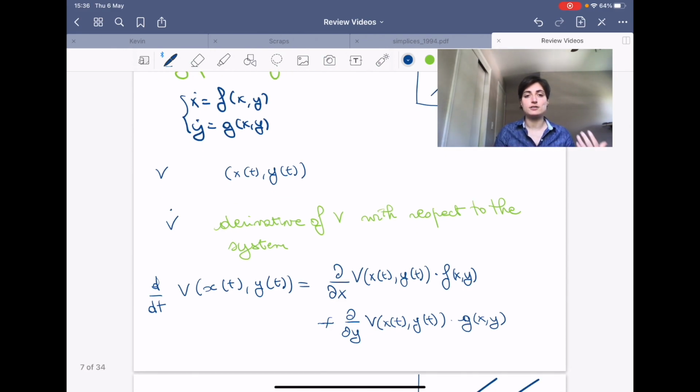If v dot has a constant sign, that means that along a trajectory, v constantly decreases or constantly increases. So if we can find a v such that v dot has a constant sign everywhere except at a critical point, we're able to say that trajectories either always go downwards on the surface v or always go upwards on the surface v.